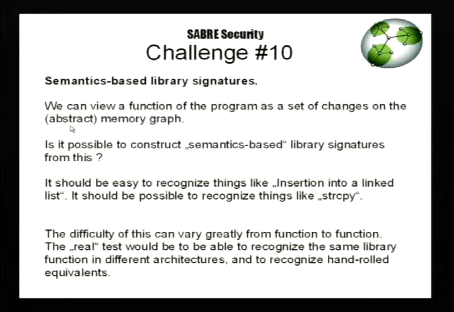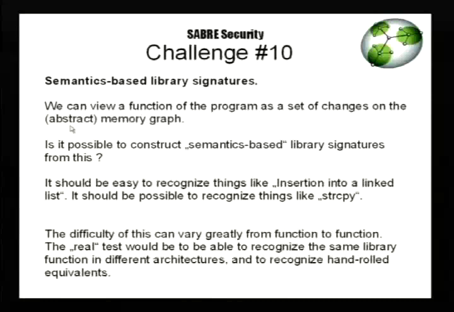I want to automatically be able to recover things like, this function does an insert into a linked list. I don't know how to do this, but one of the ideas would be to view memory as an abstract graph, and view a function as an operation on this graph, modifying it somehow. And then see whether we can match functions based on this modification of the memory graph.